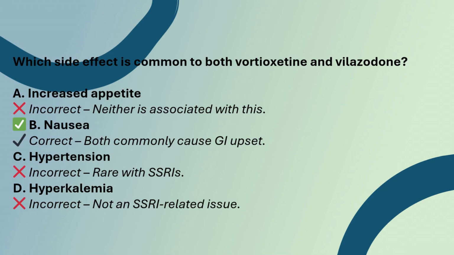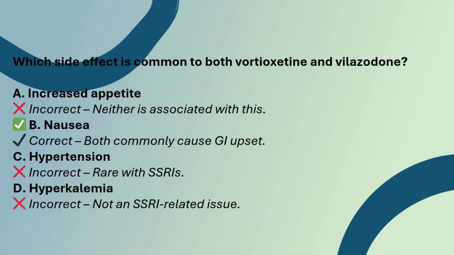And the correct answer is B, nausea. Nausea is correct because both of these medications do cause GI upset. I will tell you the vilazodone and vortioxetine, the main reason people usually stop these medications is because of nausea. Increased appetite is incorrect.